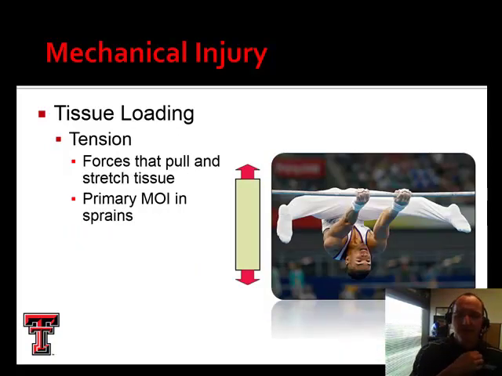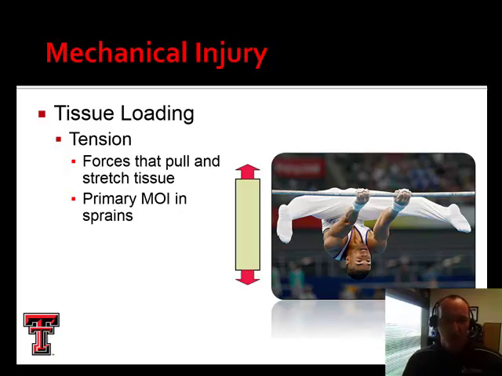Now, tension is frankly a little rarer in athletics. We've got a lot more compression than tension, and the best example I could think of was the bottom end of a swing in gymnastics. This is where the forces are attempting to pull that tissue apart. We do see this in sprains.